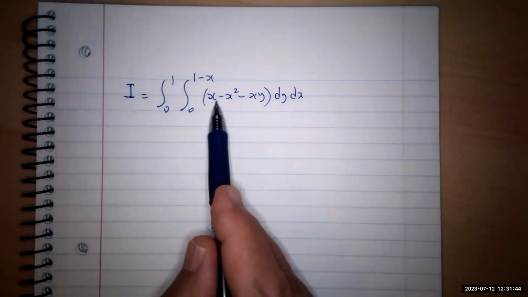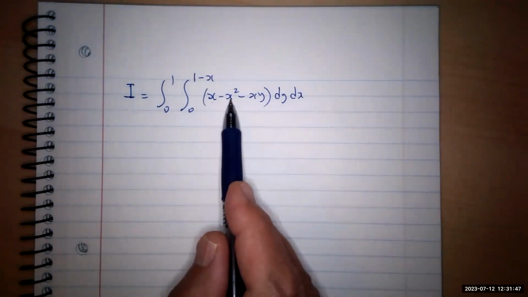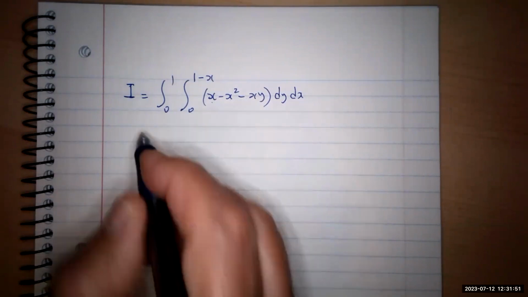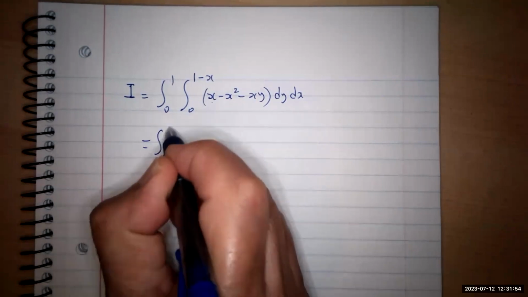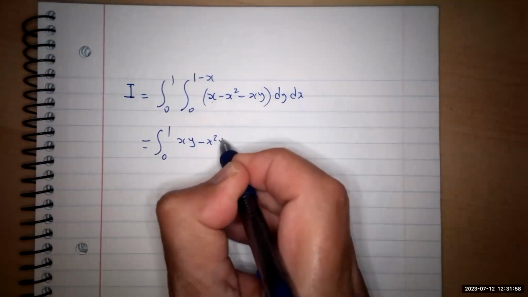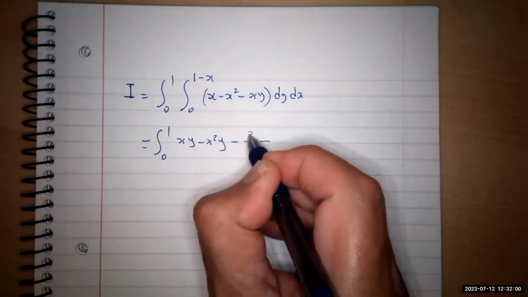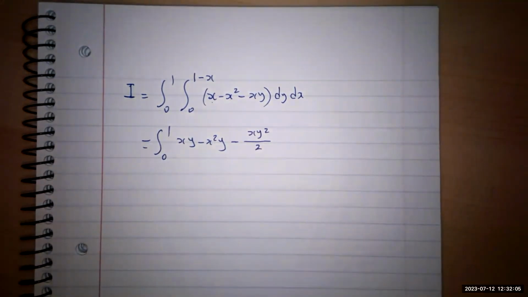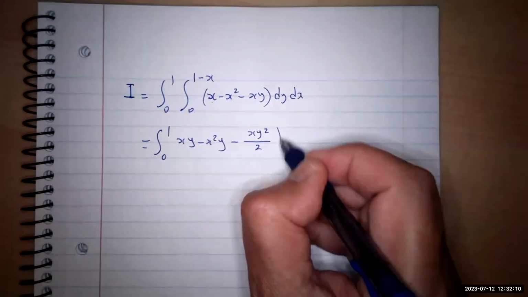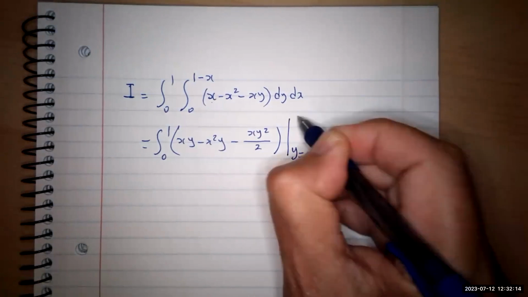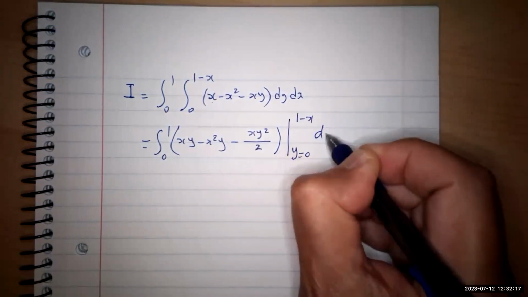That would be xy, negative x squared y, and negative x y squared over 2. Then y goes from 0 to 1 minus x, and then we get the dx.